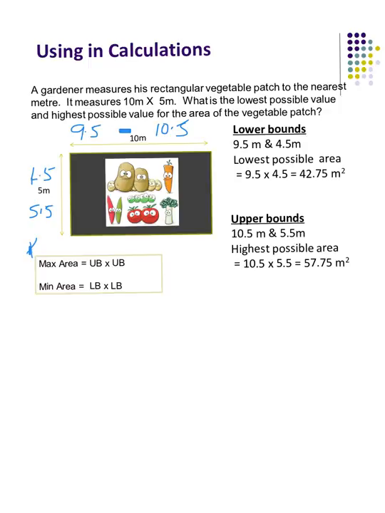So when we're multiplying to work out the maximum possible area, I'm going to do 10.5 multiplied by 5.5, which will give me a maximum area of 57.75 metres squared. And when I'm finding the minimum, I'm going to multiply the two lower bounds together, which will be 9.5 multiplied by 4.5 to give me 42.75.